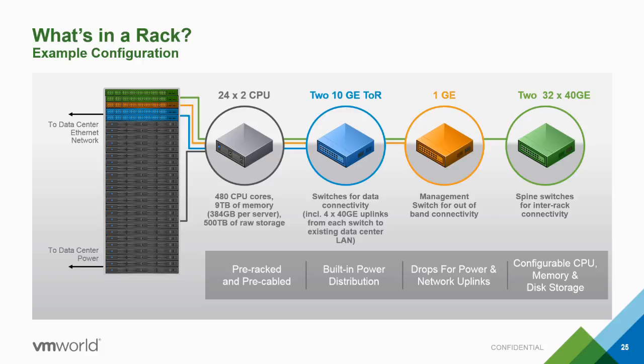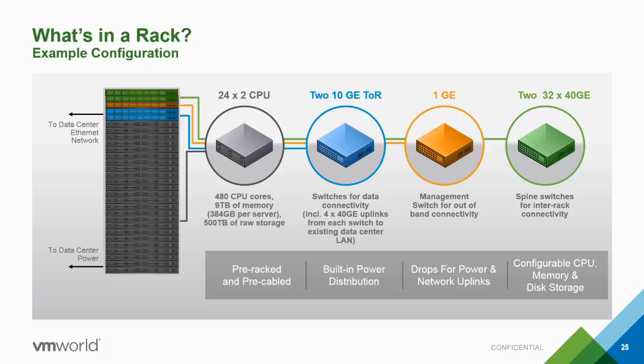This network is basically a non-routable private IP network that runs from the management switch. And finally, for inter-rack connectivity, if you have a multi-rack configuration, we have 2 spine switches, which are 32-port, 40 gig switches. The top-of-the-rack switches are 48-port 10 gigabit Ethernet switches, but they also have up to 4 40 gig Ethernet uplinks for corporate connectivity.